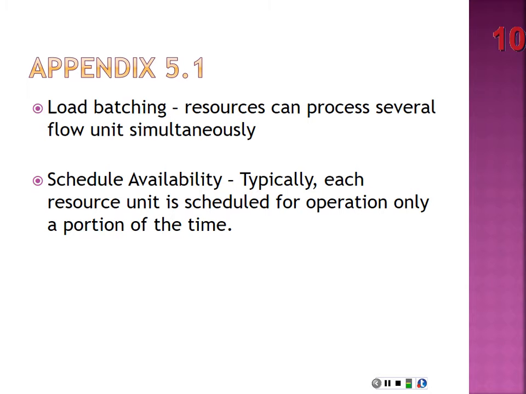Okay. The other thing we need to understand is what we mean by scheduled availability. Typically, each resource unit is scheduled for operation only a portion of the time, for example 8 hours a day, 5 days a week. The amount of time that a resource is scheduled for operation is called scheduled availability. Scheduled availability of the resources in a process may differ.